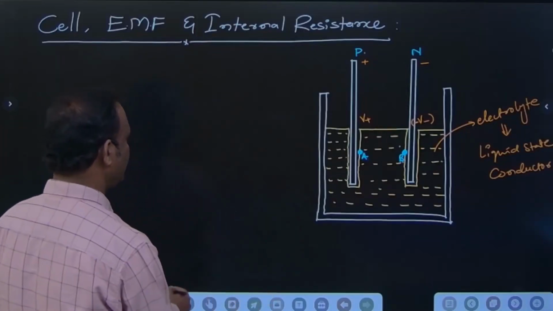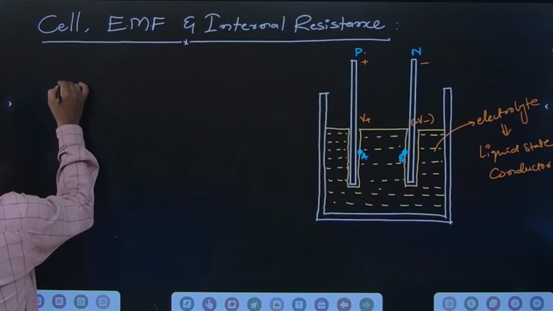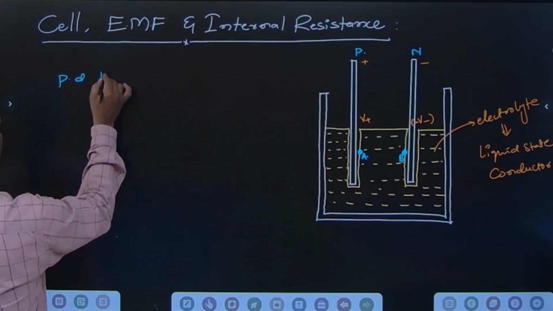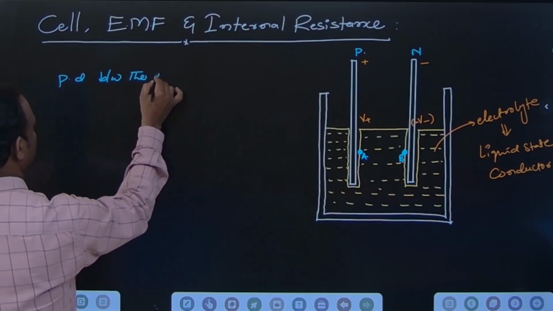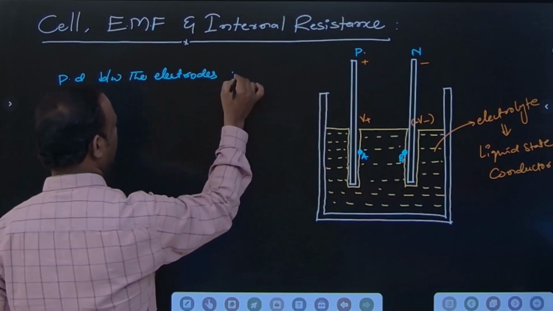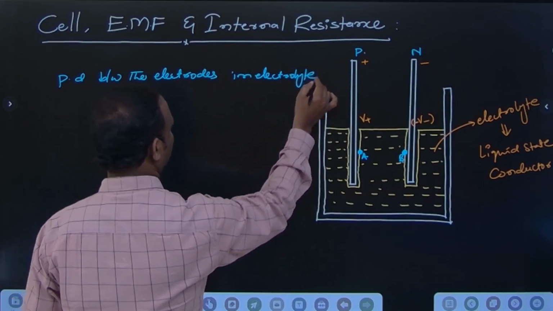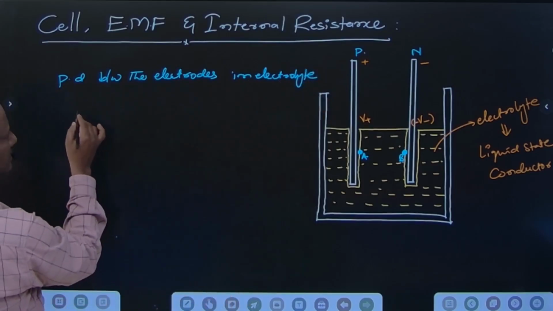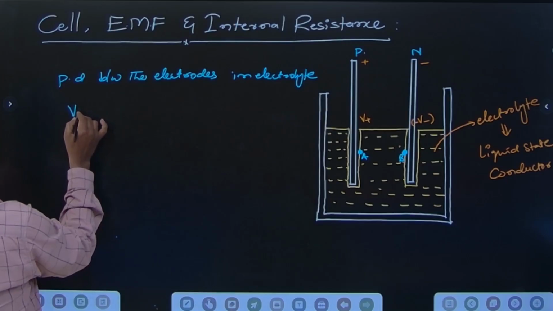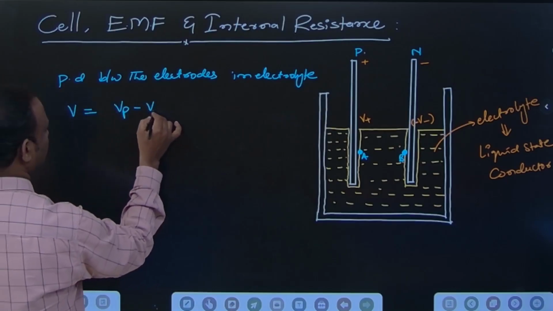Now, the potential difference between two electrodes in an electrolyte. The potential difference is V, so V equals Vp minus Vn.